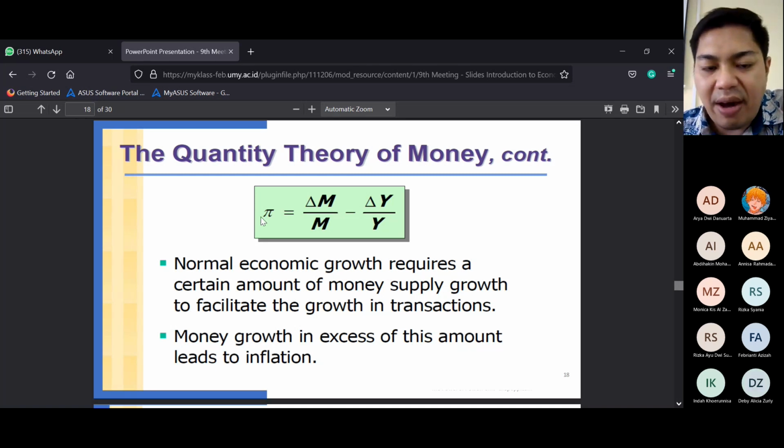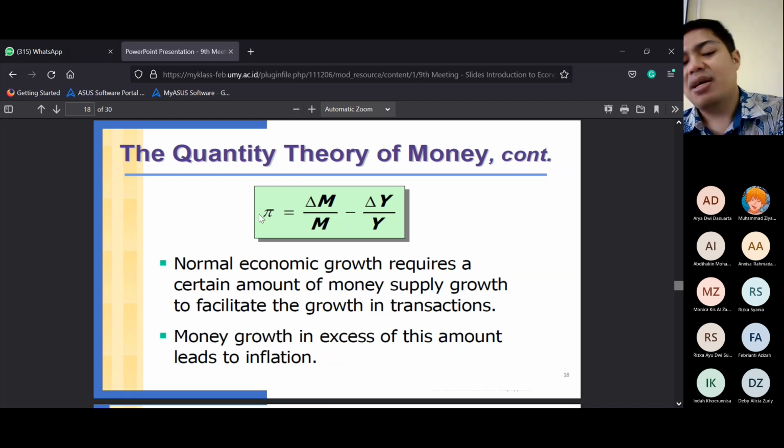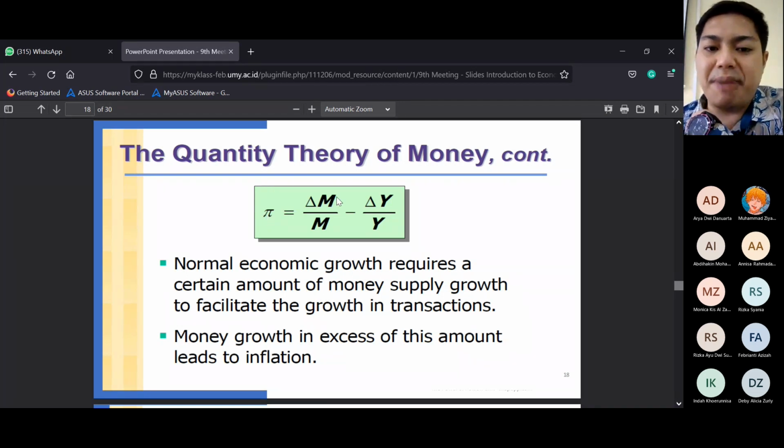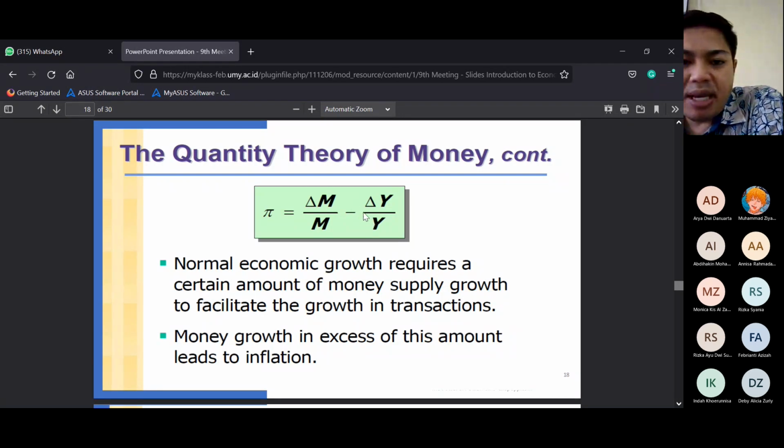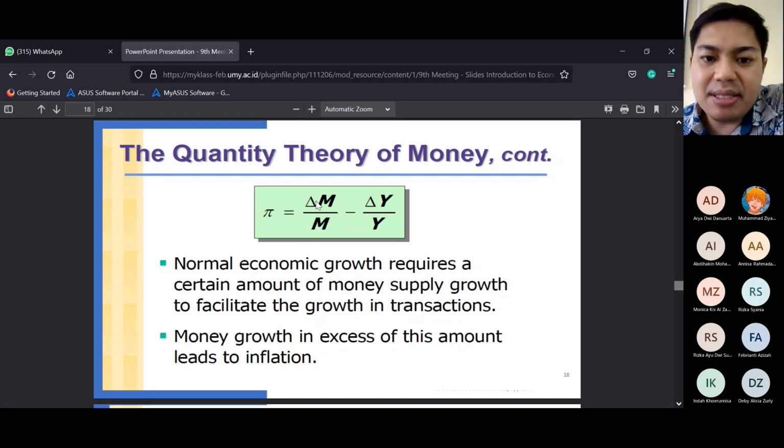So if you have inflation here, sisters and brothers, it is because of the growth of the money supply minus the growth of the economy. If I may simplify, delta M over M here is the monetary sector, and here is the real sector. So if the monetary sector moves or grows higher compared to the real sector, Y here, inflation will happen.